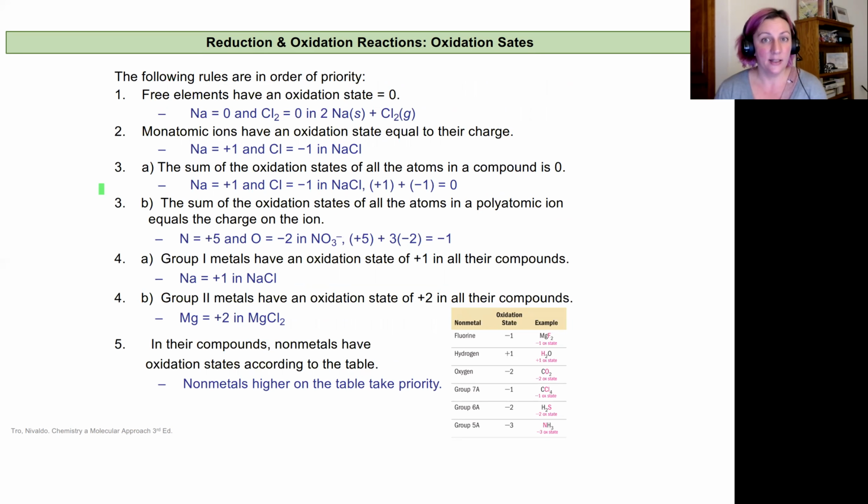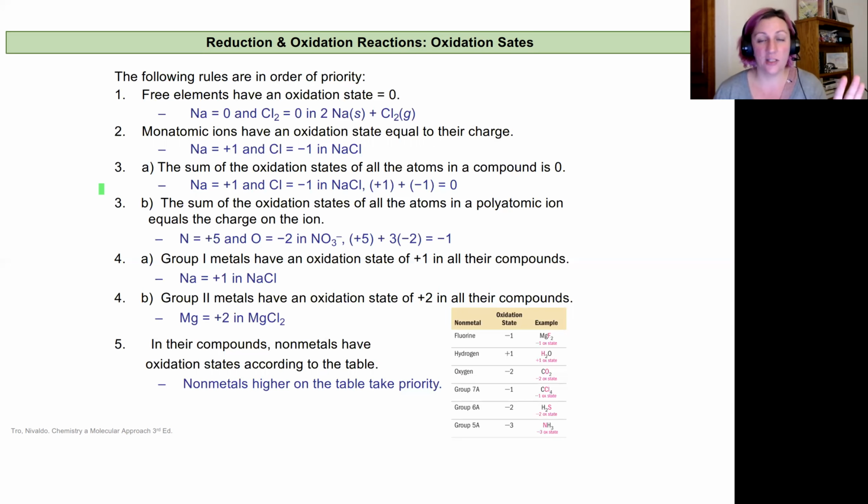Chlorine gas, well, that's just the elemental state of chlorine. So it'll have an oxidation state for those chlorine atoms of 0. So that one's pretty straightforward. Then anything that's an ion, like a monoatomic ion, so typically a metal or maybe a monoatomic nonmetal anion, will have an oxidation state equal to their charge.